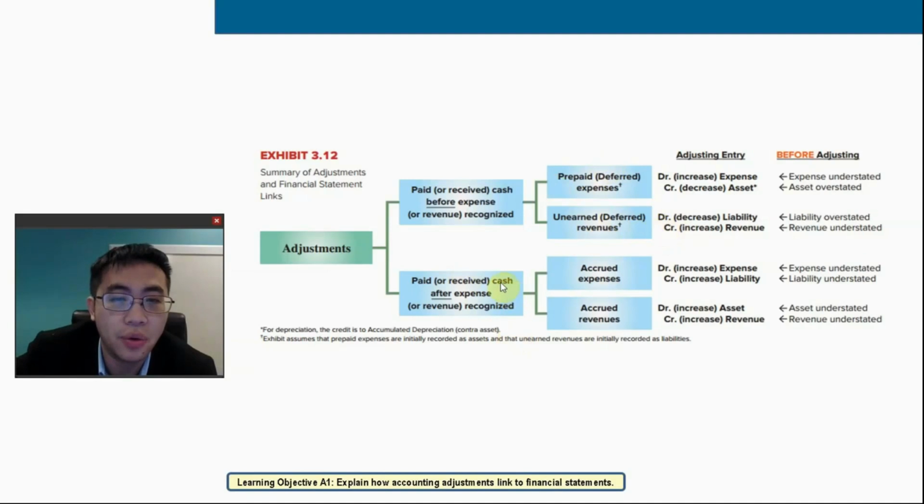And for the accruals, we have accrued expenses, we have accrued revenues. Once again, these are the expenses, revenues. These transactions happen before cash is involved. So for accrued expenses, that basically means you have already made the purchase, you have already bought the supplies or equipment, but you have not paid yet.